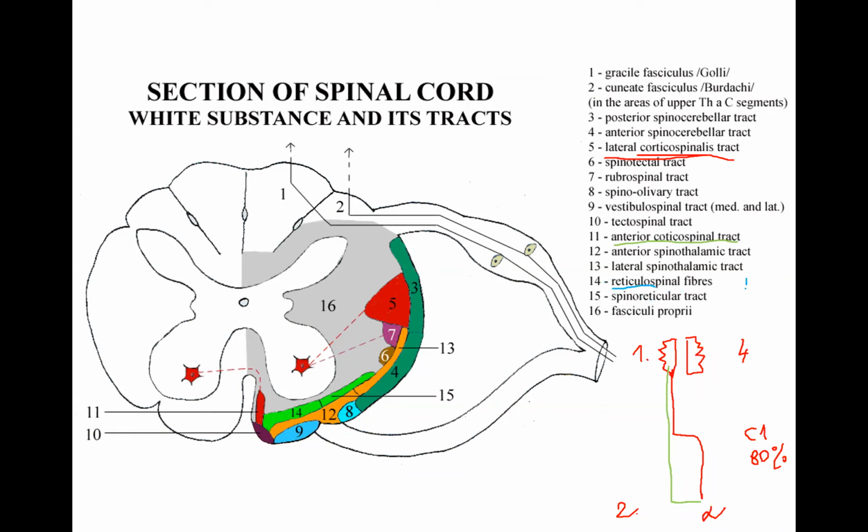It descends from the reticular formation. What is the reticular formation? It's within the brain stem. If you hear reticular, it means like a web, a spider's web. So it's a web-shaped formation. And it means it's a cluster of nuclei and fibers. So it really looks like a web.